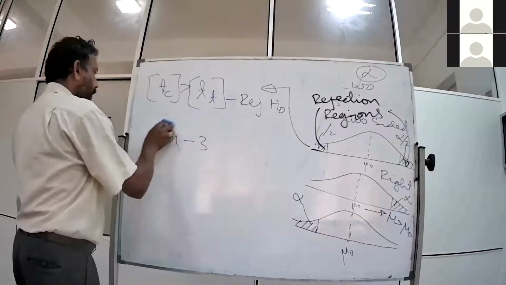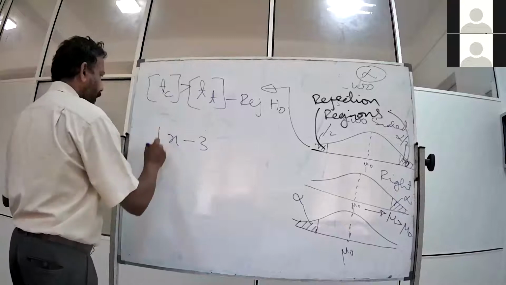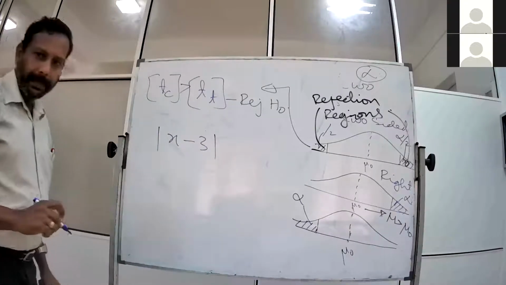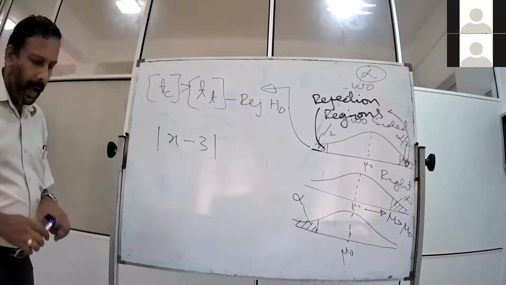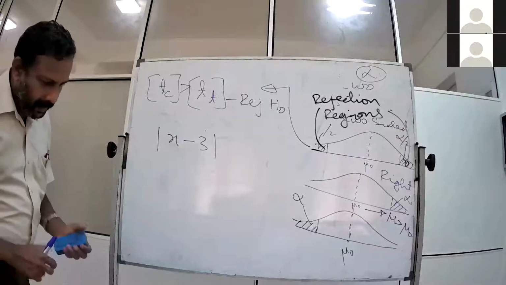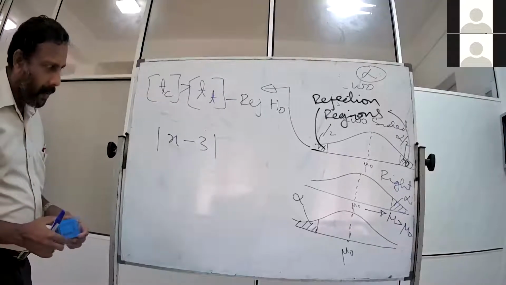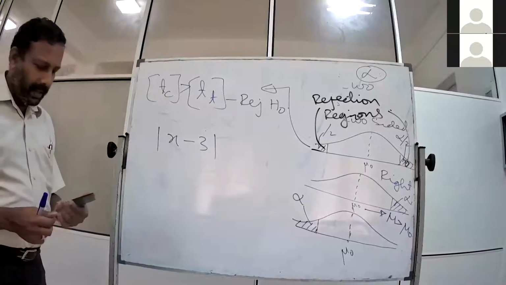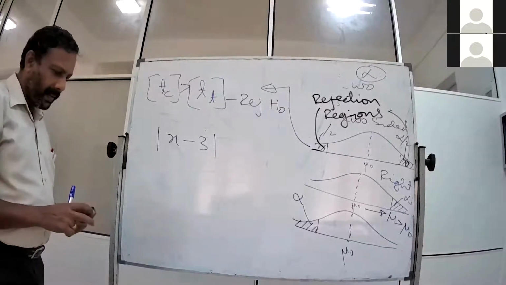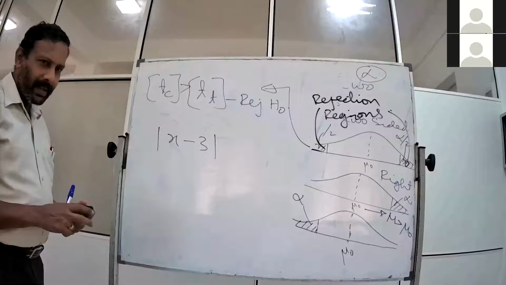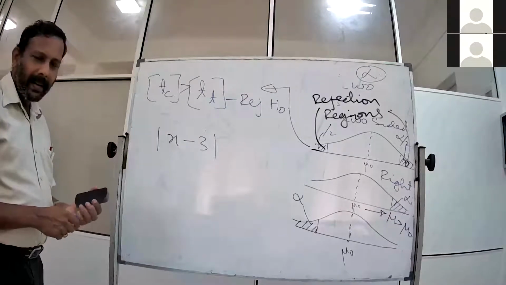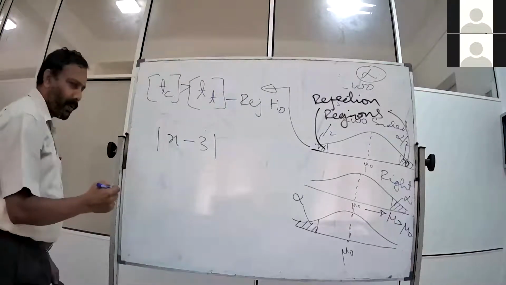They basically write like this. Mod values. Yes, mod value. I don't know how to do that.